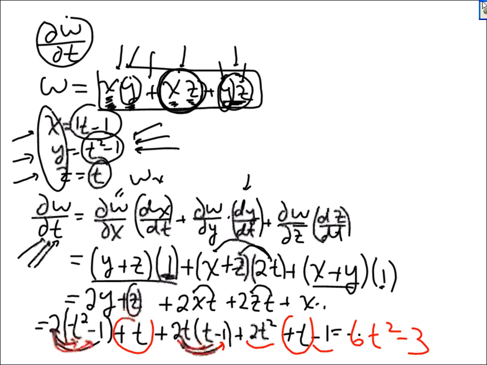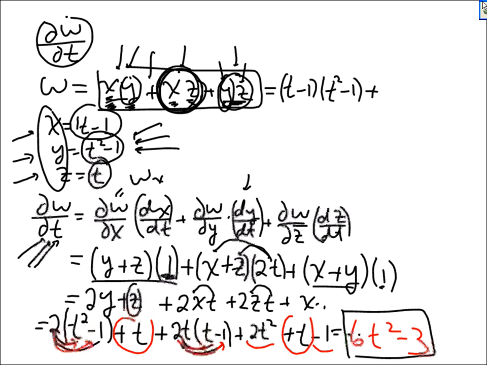It wasn't so easy. Another way of doing it is to get w in terms of t. We did it, we're done, we're happy. Now we're going to try another way. We're going to substitute back right away. X times y is t minus 1 times t squared minus 1, plus xz.